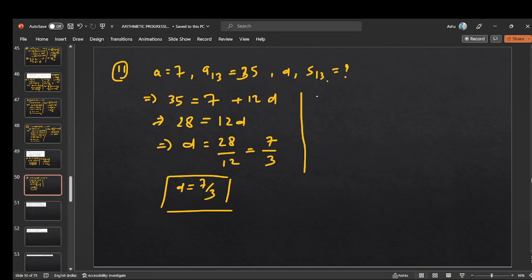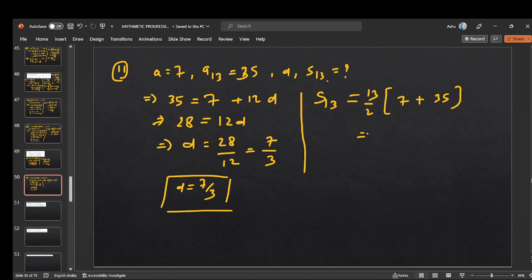Now we are able to find out the value of S13. It will be n by 2, n is 13. Clear? 13 by 2, a is 7 plus l, that means last term, 13th term is 35.